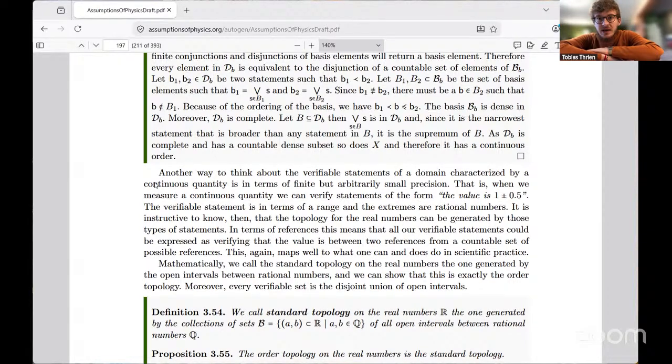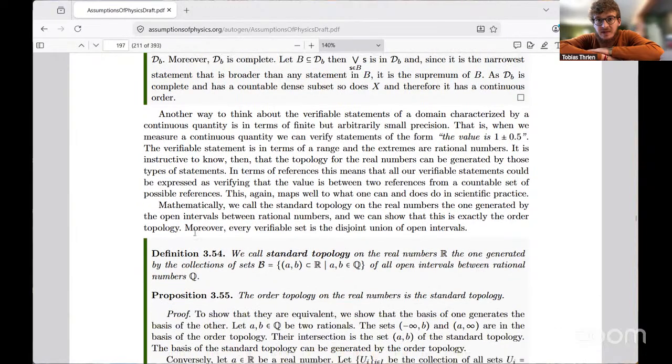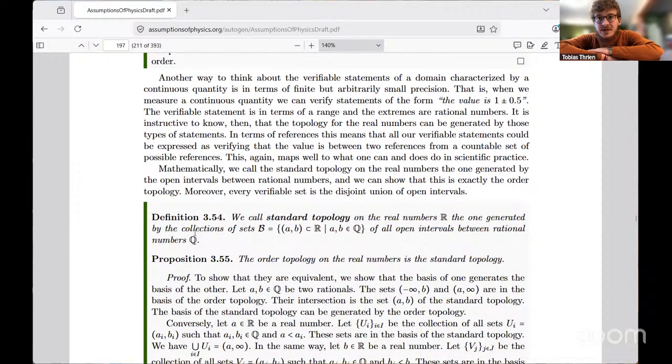This again maps well to what one can and does do in scientific practice. Mathematically, we call the standard topology on the real numbers the one generated by the open intervals between rational numbers. And we can show that this is exactly the order topology.